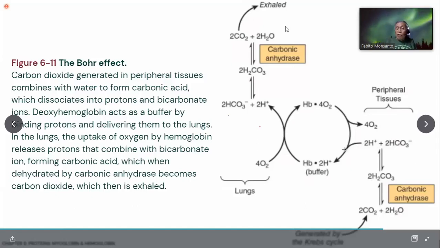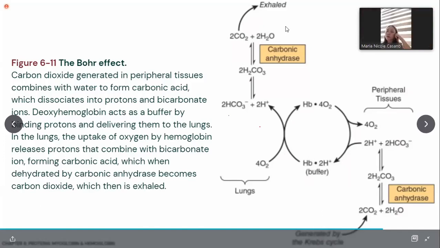Okay, it is buffered, because if it is not buffered, there are plenty of protons formed here, and the plasma of the blood becomes acidic, and we do not want that. So the hemoglobin buffers it. So what are buffers? You still remember?